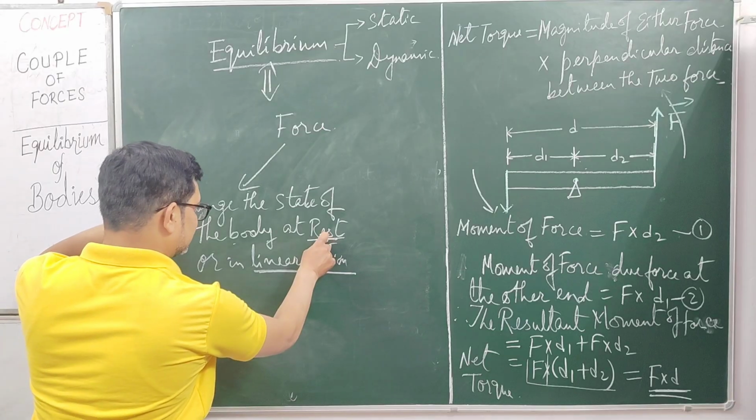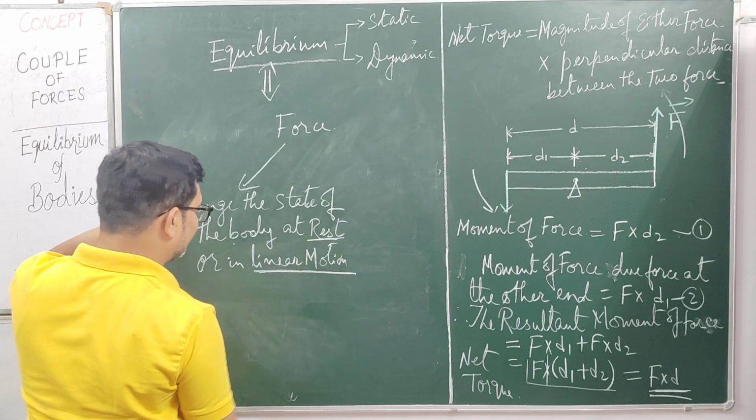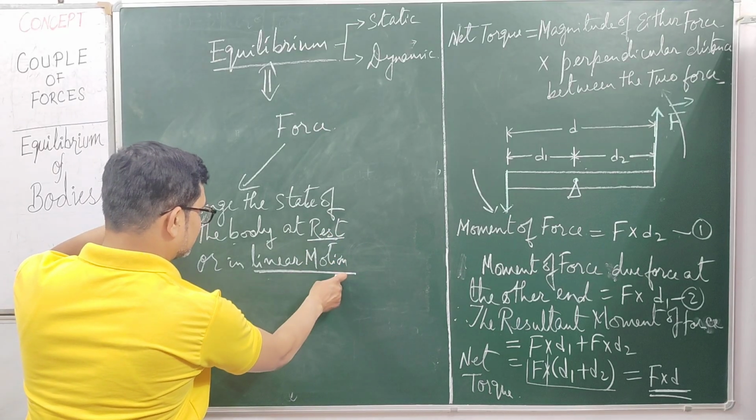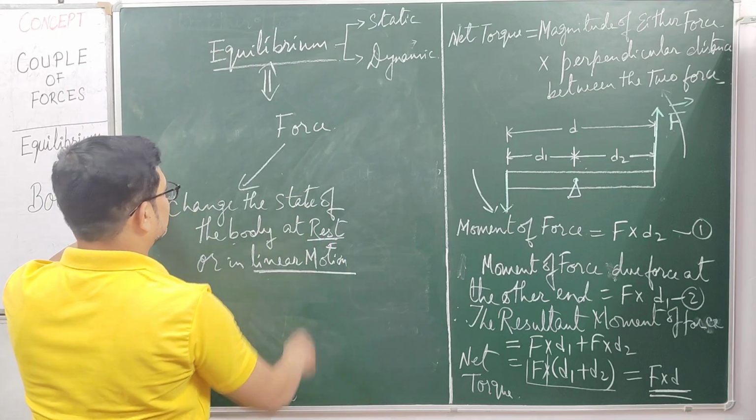Two things are important. If it is at rest, it could now be moving. If it is in linear motion, it could stop. That is what the force can do.